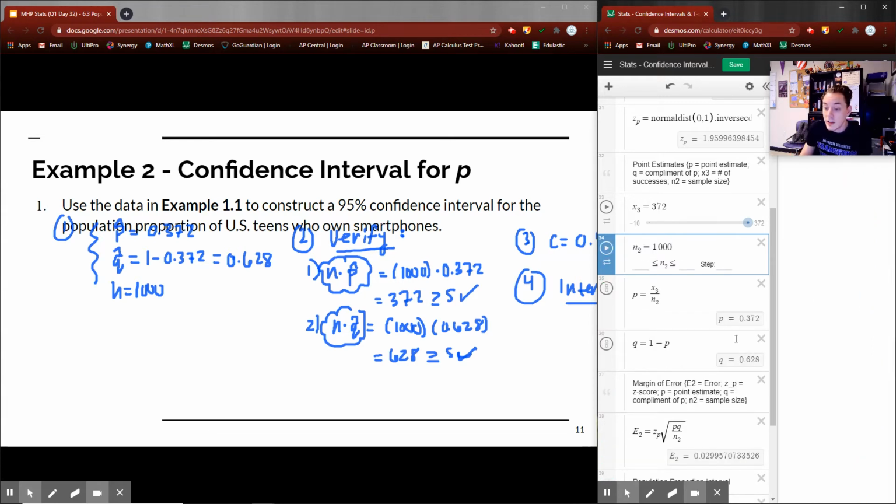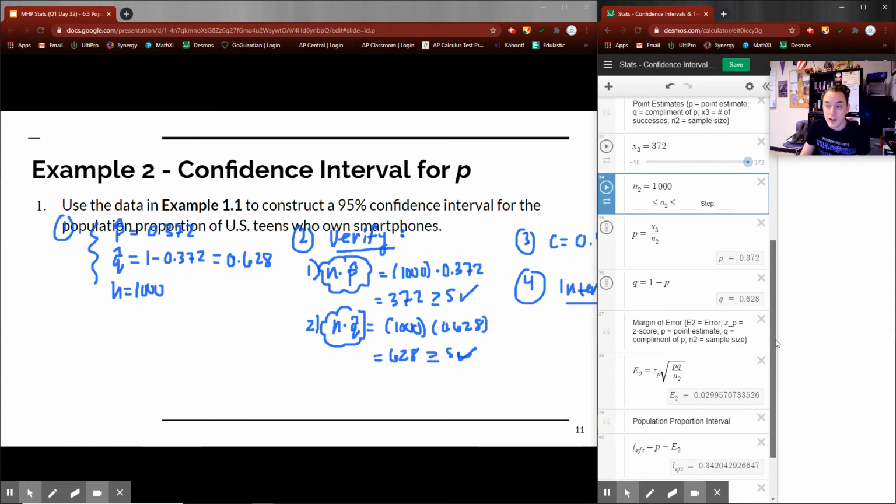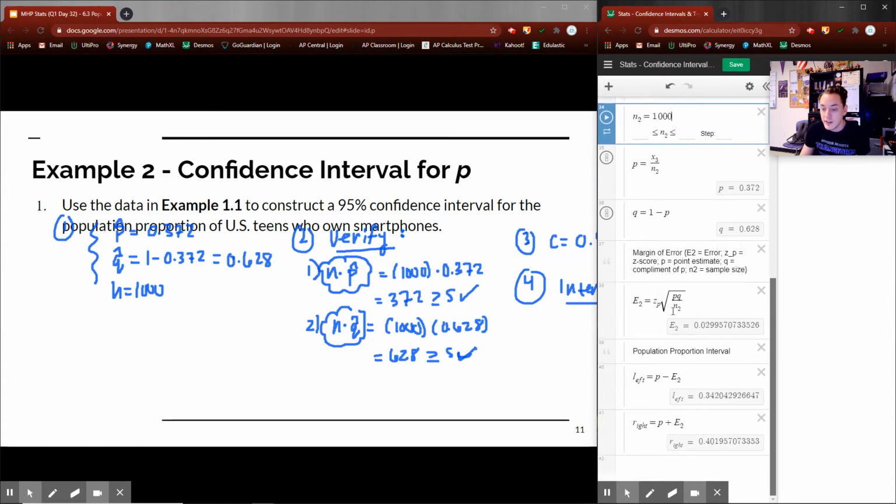And so now you actually see that this calculates it for you. So we are no longer going to need to calculate this by hand, guys, because it calculates it for you. And then it also calculates your margin of error. So whenever it asks you for your margin of error, just make sure that that's what it is, because that's what you need to know.